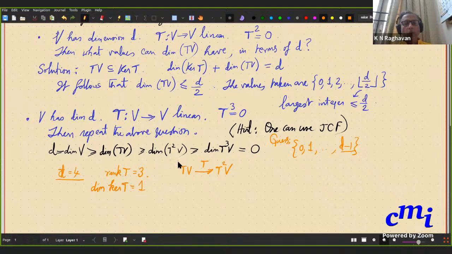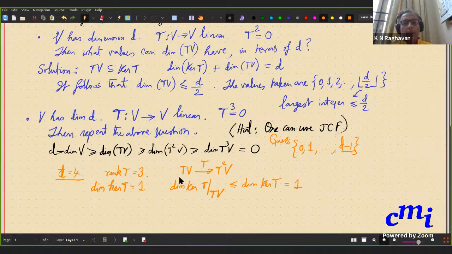It has to belong to the kernel of T also. So the kernel of T restricted to TV has dimension less than or equal to the dimension of the kernel of T, which is equal to 1.